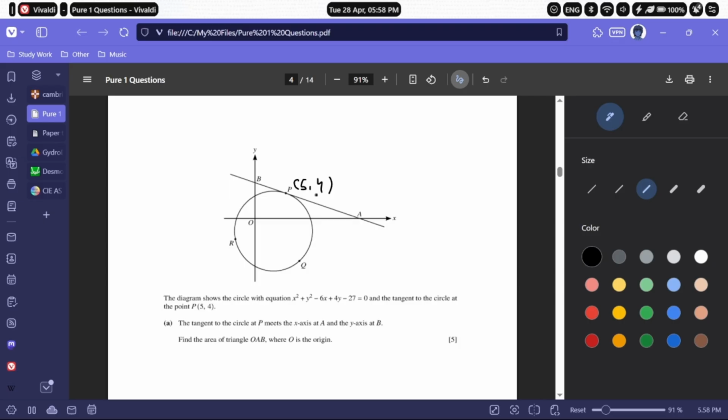Then you're told that the tangent to the circle at P meets the x-axis at A and the y-axis at B, and they are asking you to find the area of triangle OAB. So basically, what you can do is find the tangent at P, then find the x and y intercepts of that, and use the area of a triangle formula.